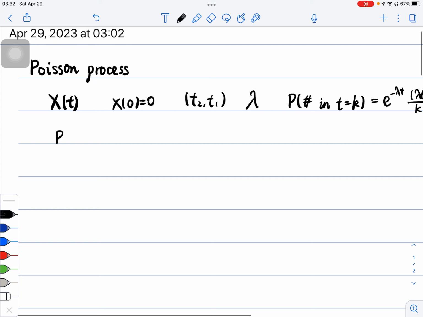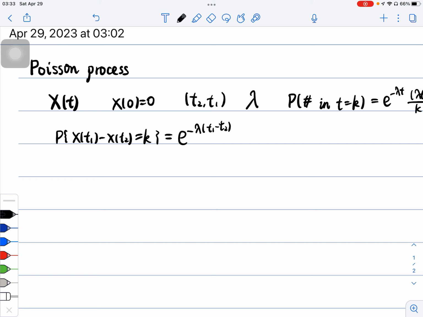And it is Xt1 minus Xt2 equals k. This probability is e to the minus lambda (t1 minus t2), lambda (t1 minus t2) to the k. And the mean value is lambda t.